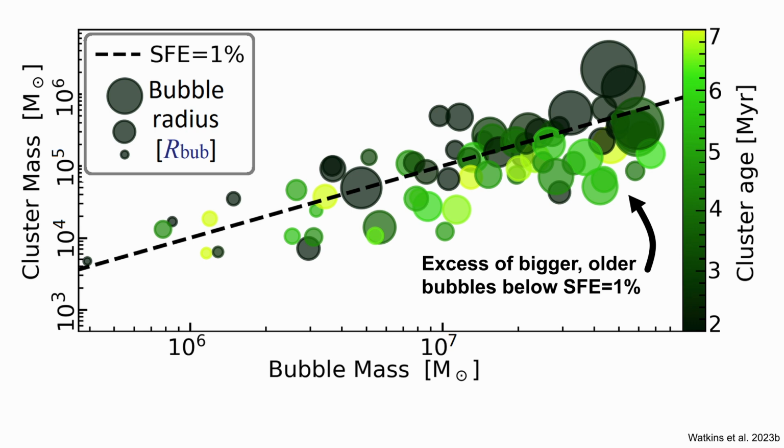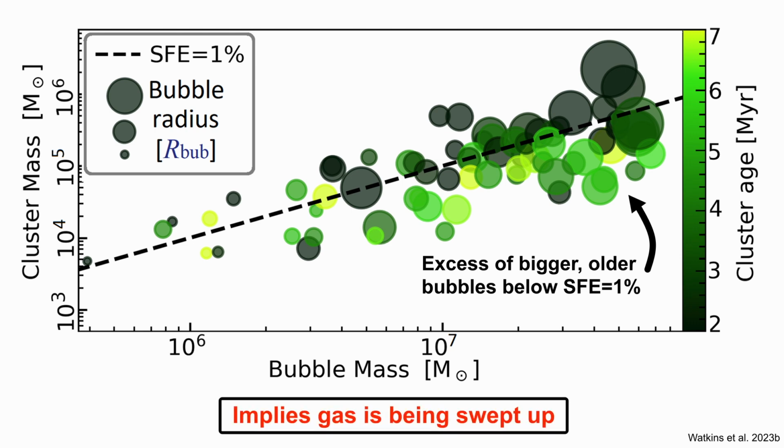In other words, these bubbles must be sweeping up and collecting molecular gas as they expand. Despite the presence of stellar feedback, the star-forming potential in the nearby molecular gas remains and actually increases.